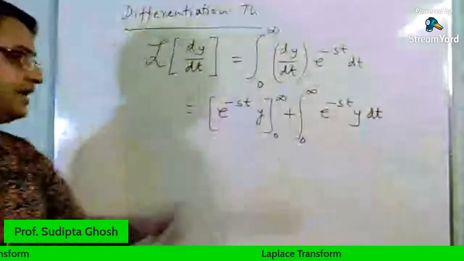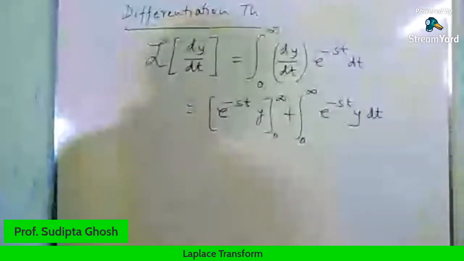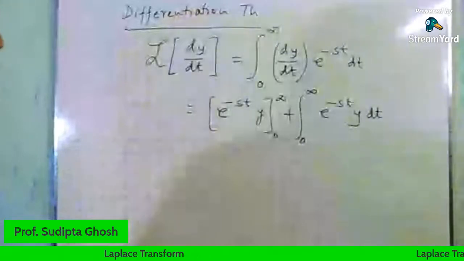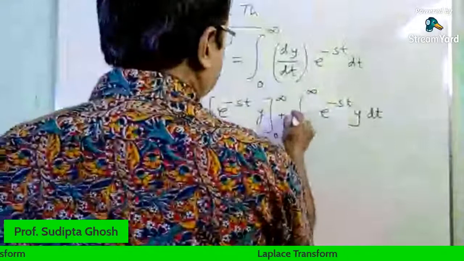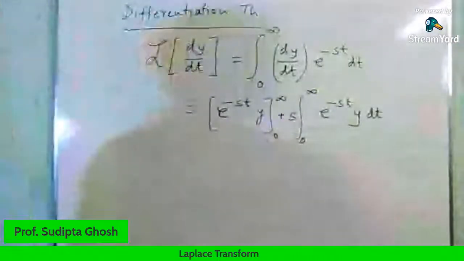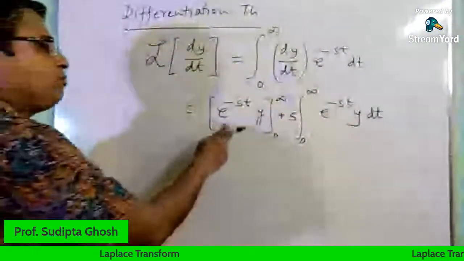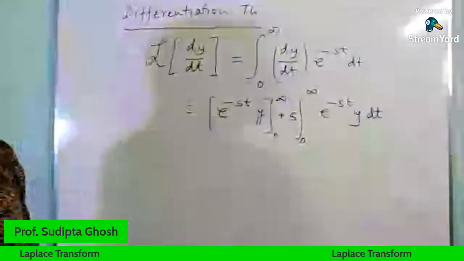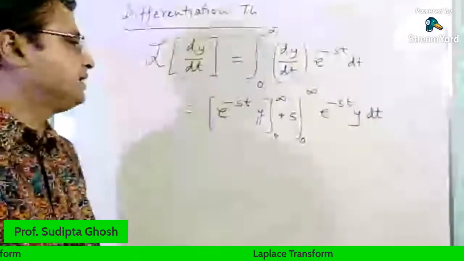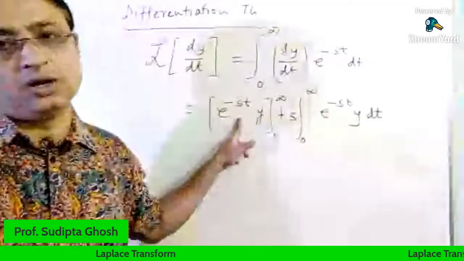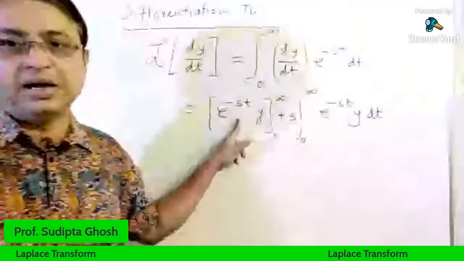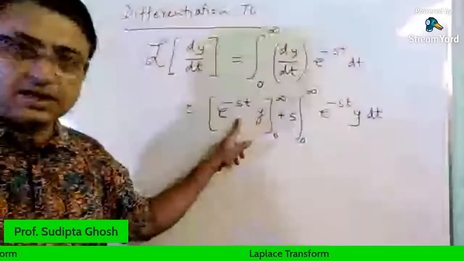Now, there is an s here. Putting the limits: if I put infinity here, it becomes 0, because I've told you e to the power minus infinity means 0.